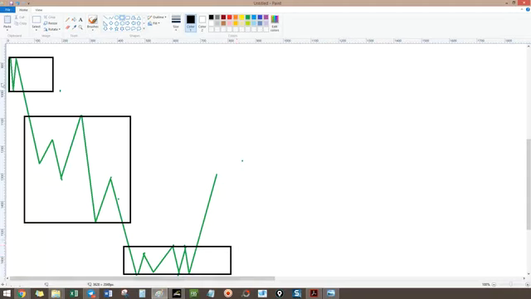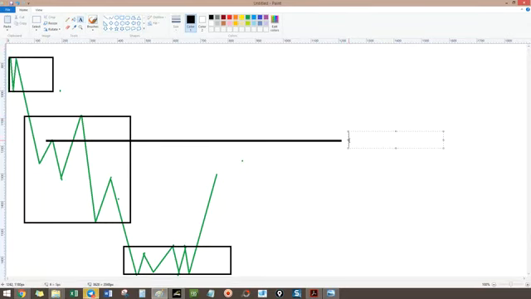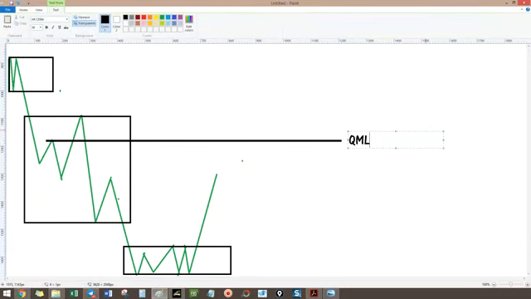Okay, once this excessive bullish bearish signal ends here, it starts a new one. Okay, so over here you will see a lot of QM traders. This is the QM level.